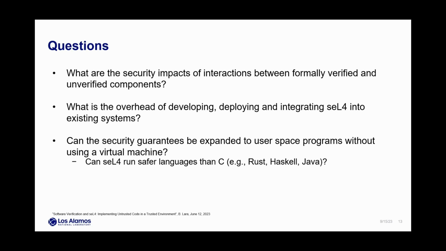What is the overhead if you're going to do development, deployment, or integration with existing systems? And can the security guarantees be expanded to user space programs without using a virtual machine? And sort of related to that, can SCL4 run safer languages than C, things like Rust?